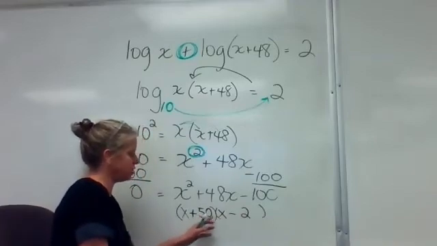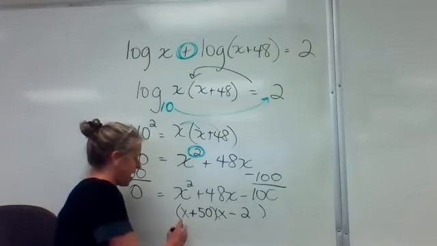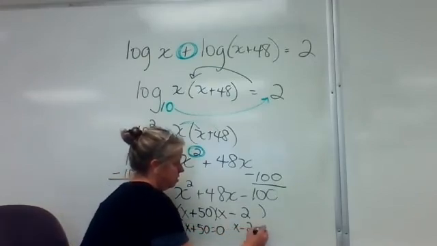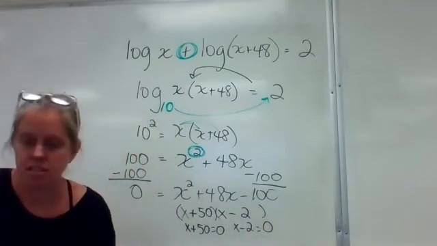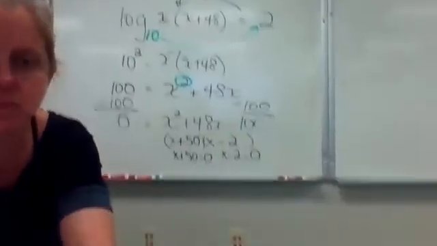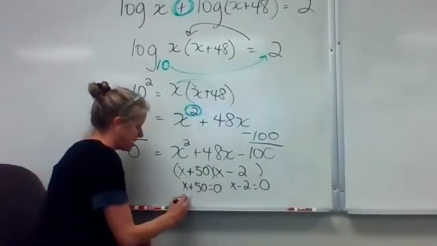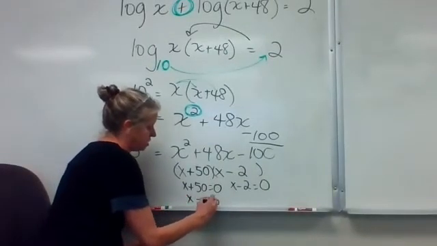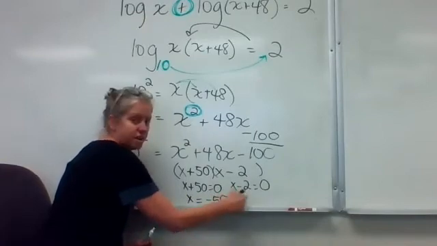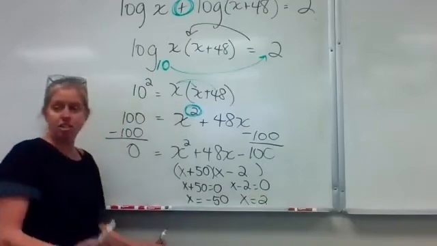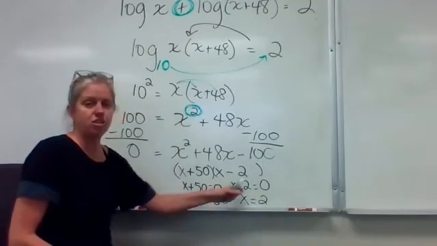But when you set those equal to 0 and solve them for x, that's what changes their signs, right? If I solve this one for x, I have to subtract 50 from both sides, which would give me x equals negative 50. Here I would have to add 2 to both sides to get x equals 2. If you've got the quad program, that gave you those.